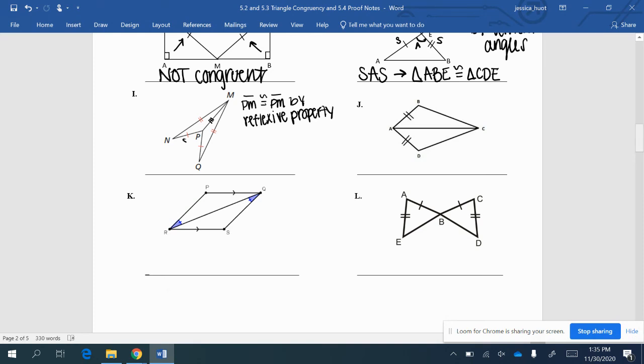And then if I look, I have a side, and then this side's being shared. So I see 3 S's, which automatically means side, side, side. So triangle, let's start up here, MNP. MNP is congruent to triangle MQP.